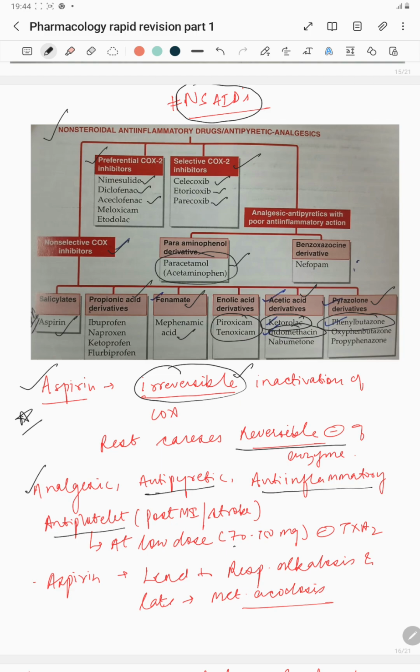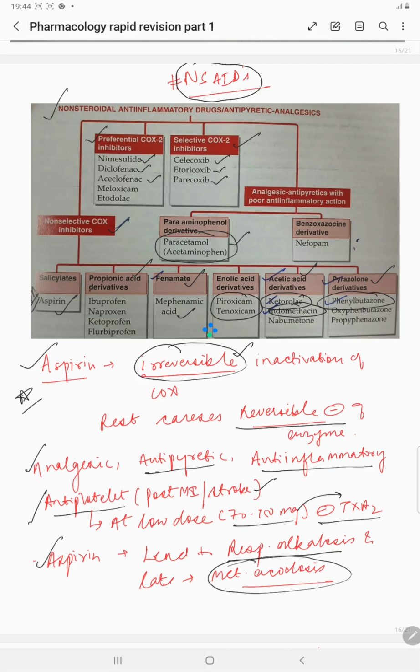At low dose, 70 to 150 milligrams, it inhibits thromboxane A2 and causes antiplatelet effects, which is used in post-MI and stroke patients as a prophylaxis. Aspirin leads to respiratory alkalosis in the initial state. Later on, it leads to metabolic acidosis.